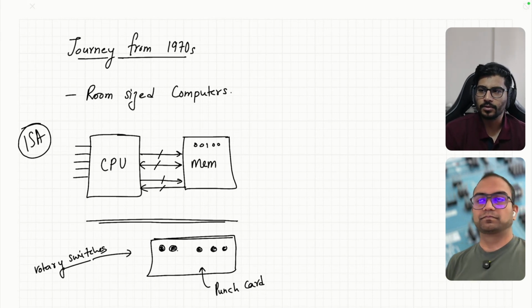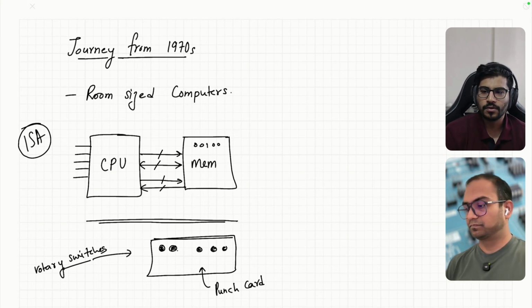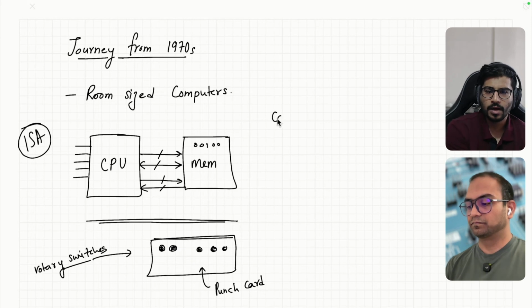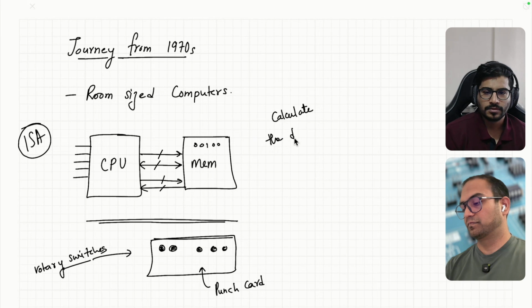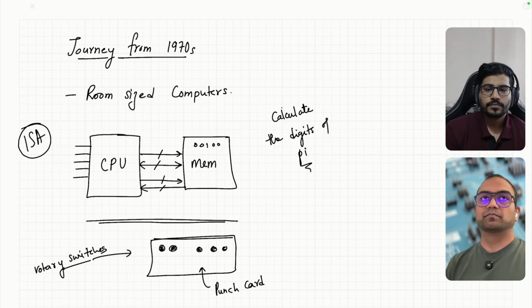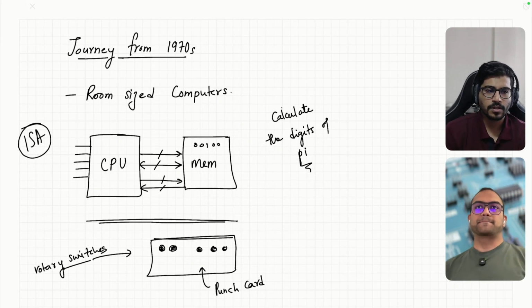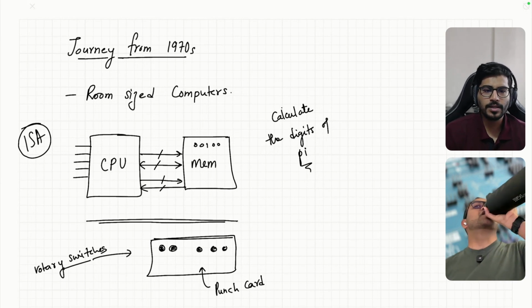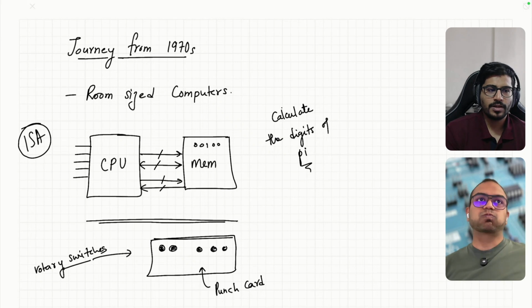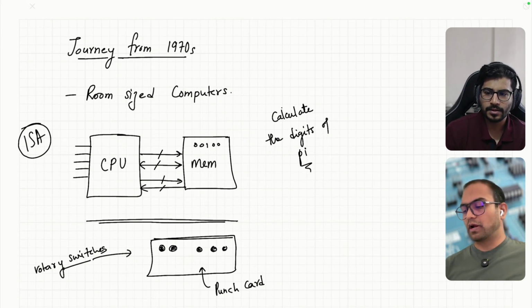For example, a crude one: calculate 1,000 digits of pi, and that's it. The CPU would then take in and process the code which was in the form of zeros and ones, and then emit the answer on some printer which was connected back then.